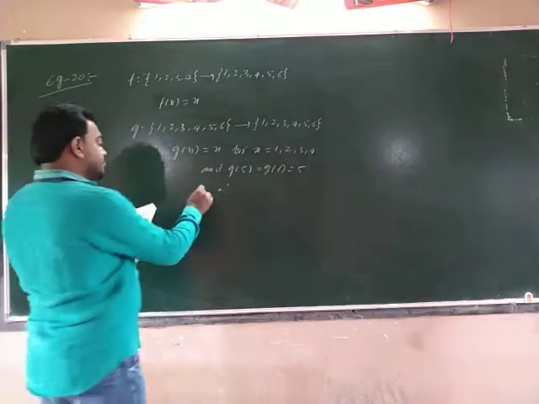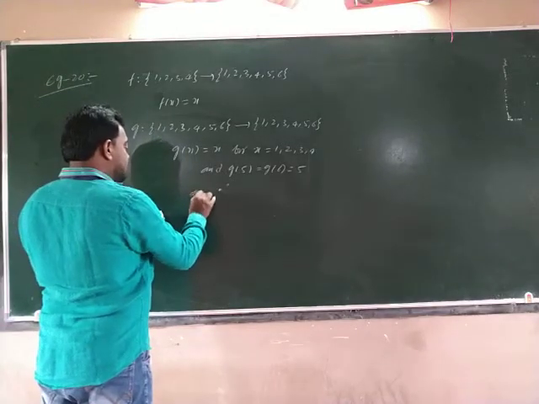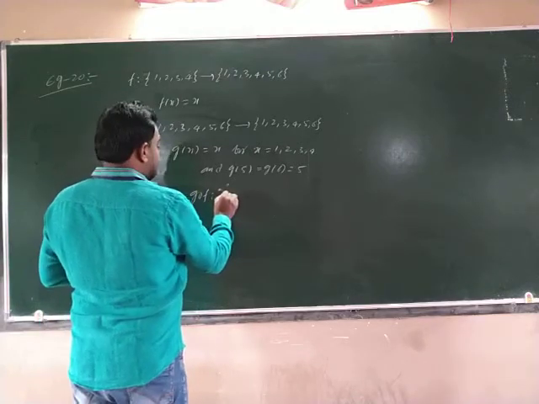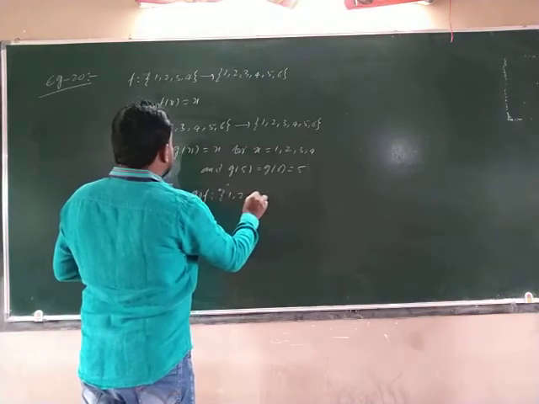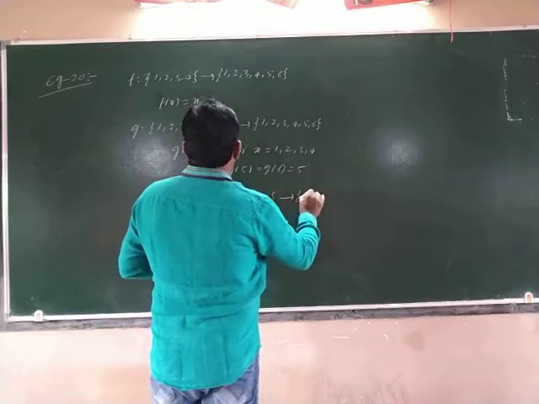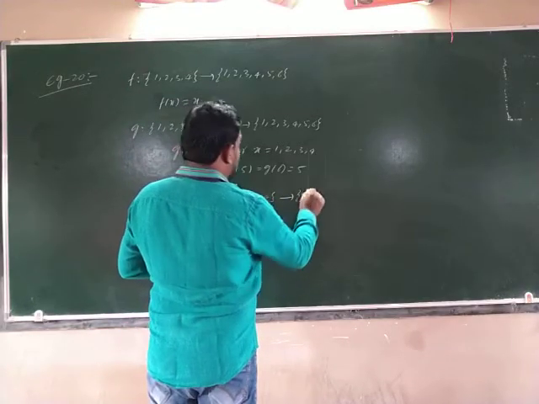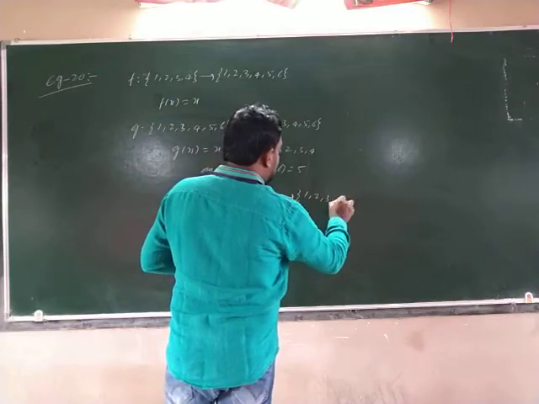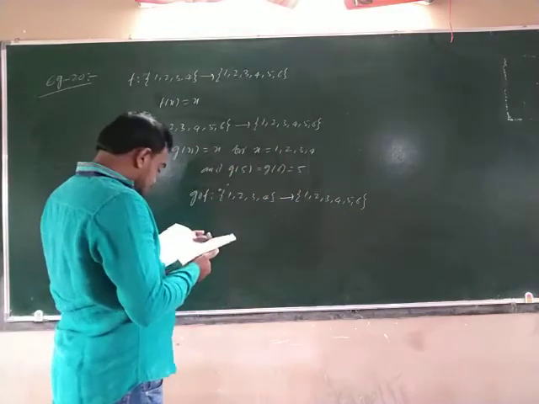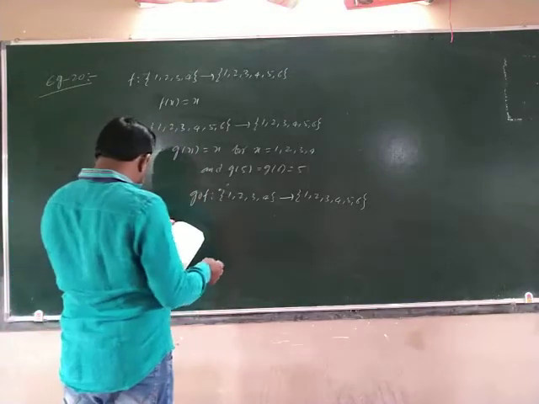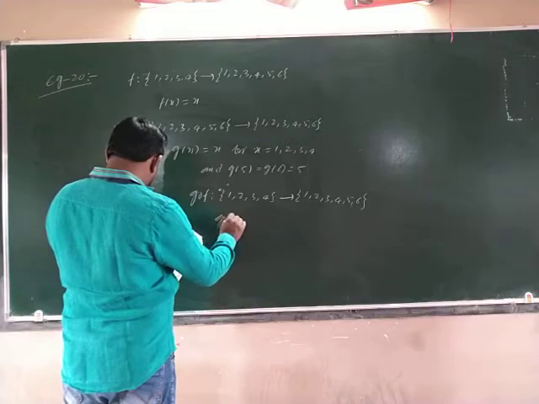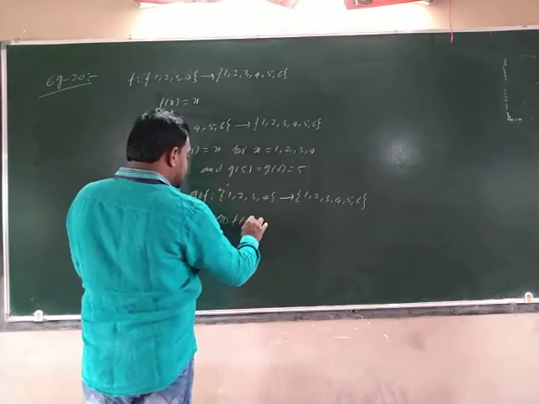Here g circle f is a mapping from where to where? From the set {1,2,3,4} to the set {1,2,3,4,5,6}. It is defined as g circle f of x equals x.